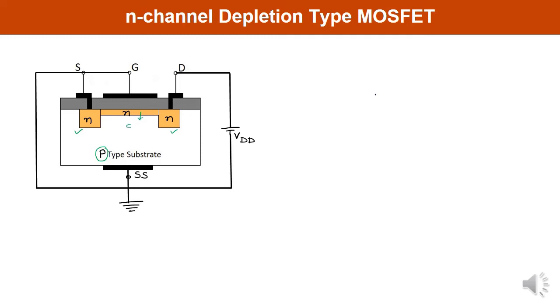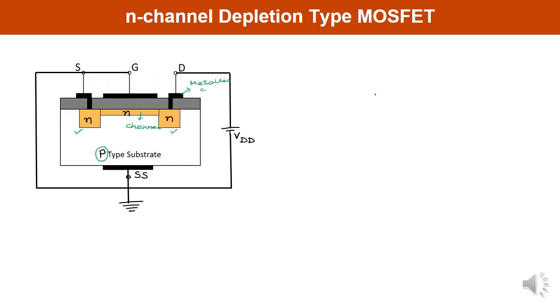This is the channel actually. In a depletion type MOSFET, the channel is already present, but in an enhancement type, the channel is formed by enhancing.